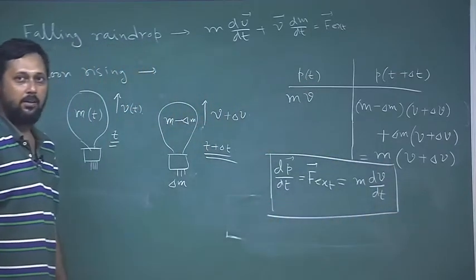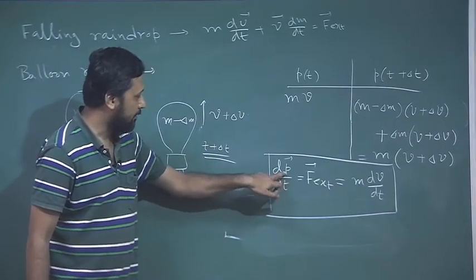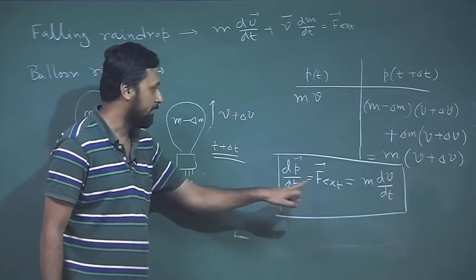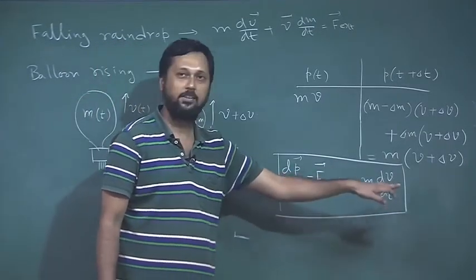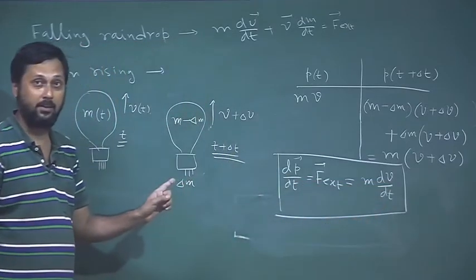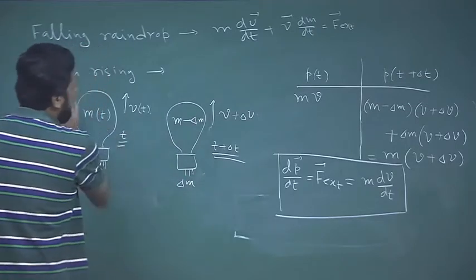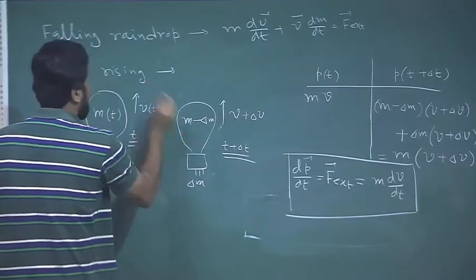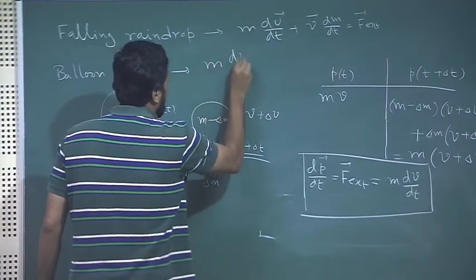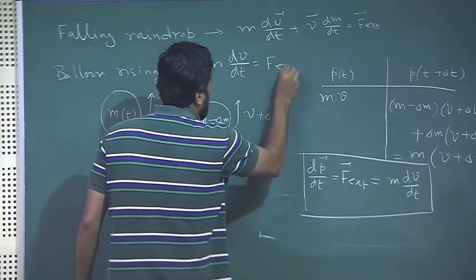So, you see, if you start by writing p as mv and take this time derivative, and then you write m dv dt plus v dm dt, you will be fooled. This is not right in this particular case. So, for the balloon rising, the equation is simply m dv dt is equal to f external.